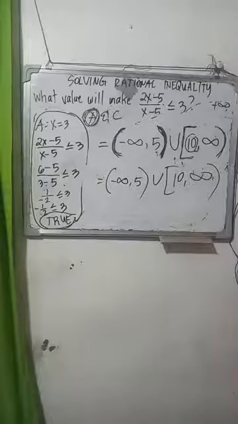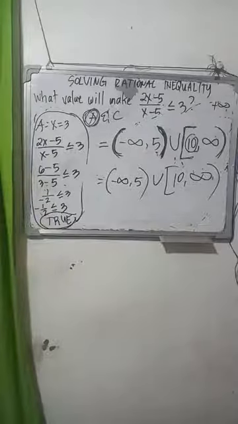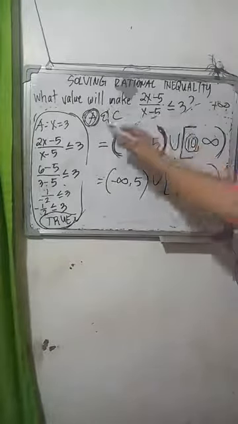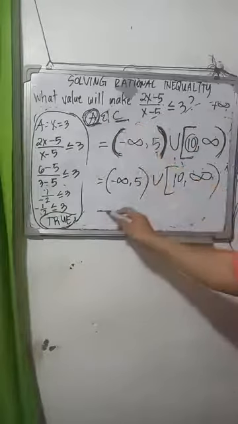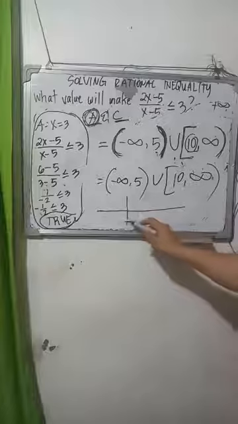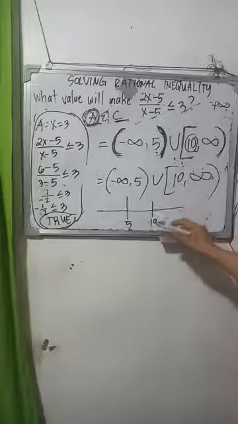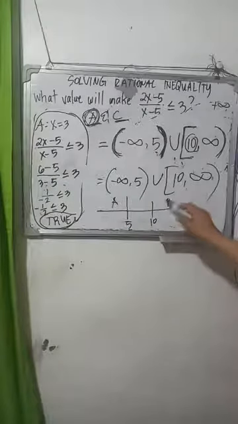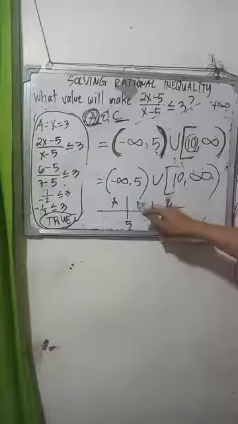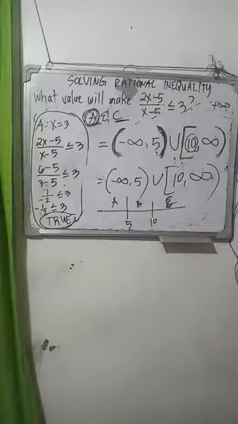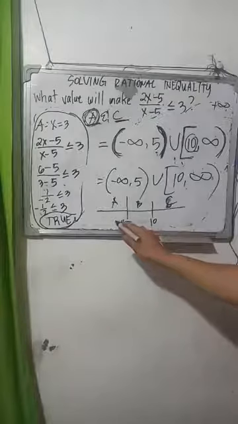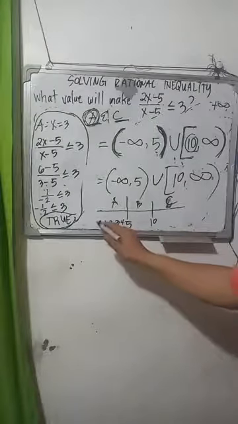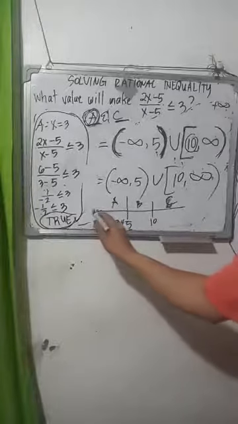Okay, tanong. Saan nakuha ang infinite? Ang infinite numbers that is belong to interval A and interval C. Diba, number line natin kanina, 5 and 10. Interval A, interval B, and C. So interval A belongs to 4, 3, 2, 1, 0 until infinite numbers.